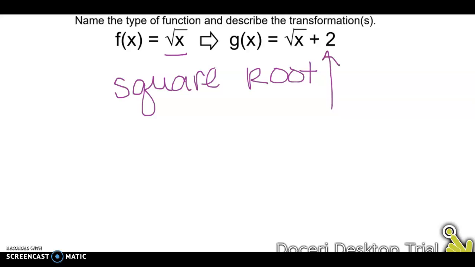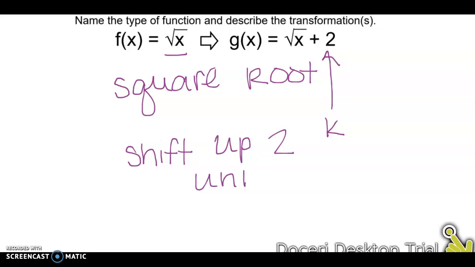It's not in parentheses, so it's not the h. The h is in the parentheses. It's the k value. And it says plus 2. So that means it's going to move it up 2 units. To go from the parent function to the function g of x, the square root of x plus 2, you're going to shift it up 2 units.